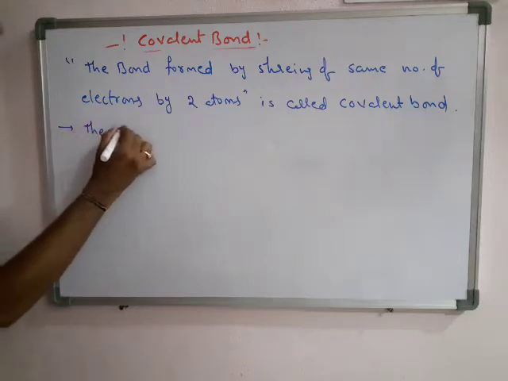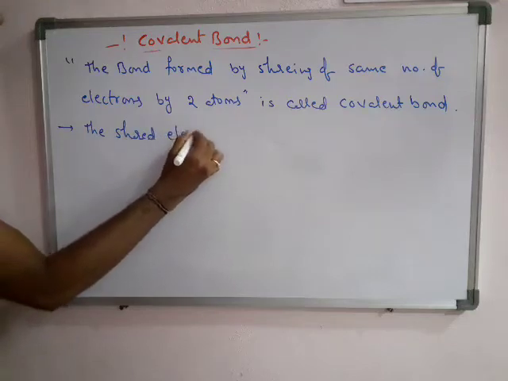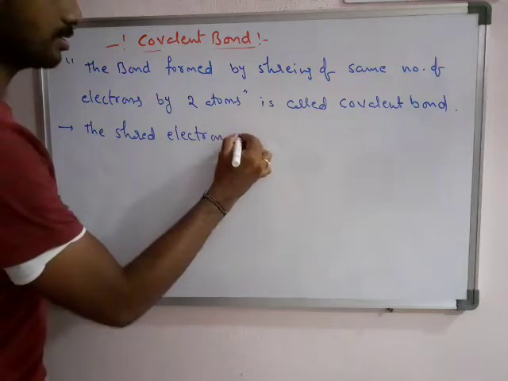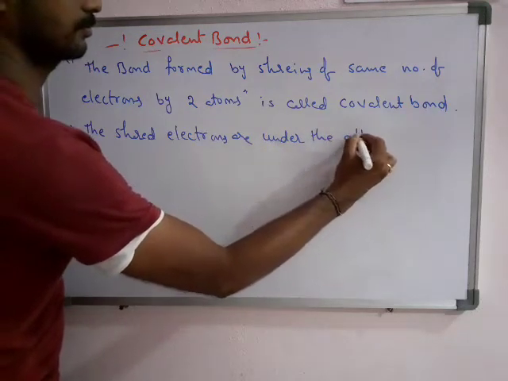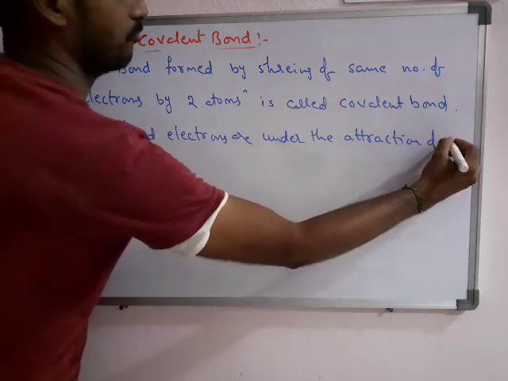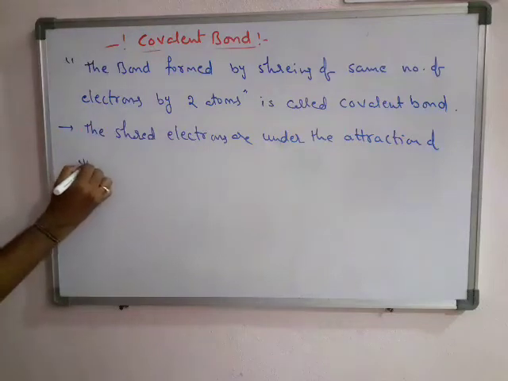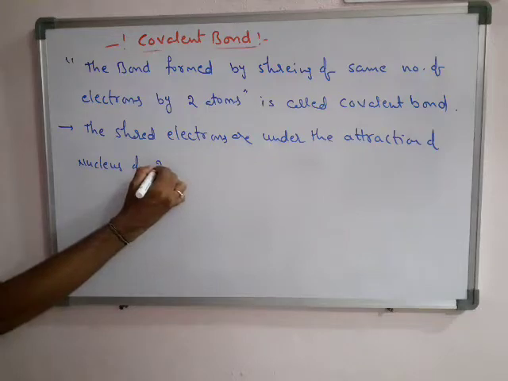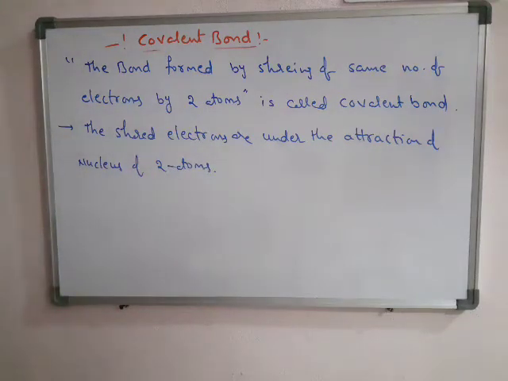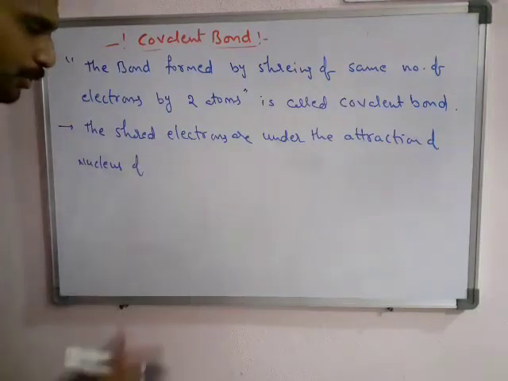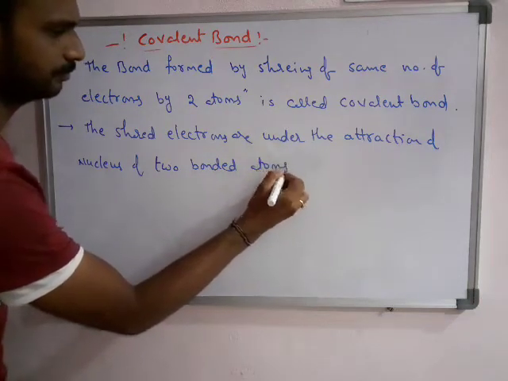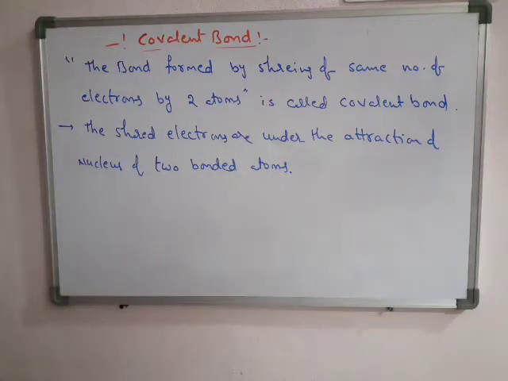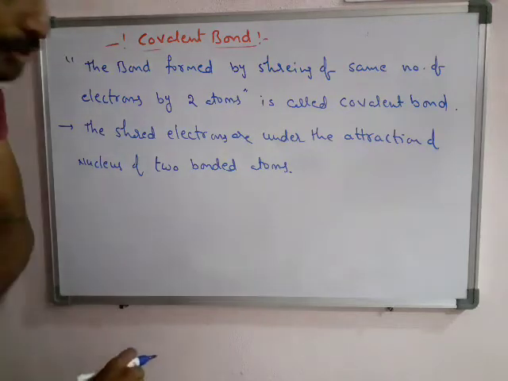And here the point: the shared electrons are under the attraction of the nuclei of the two bonded atoms. Here the shared electrons are exactly under the attraction of two nuclei.